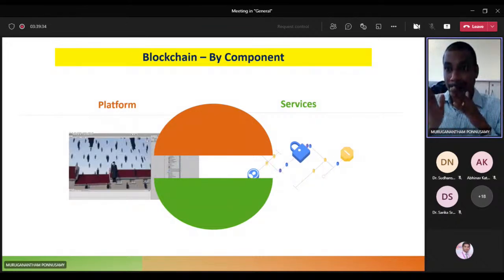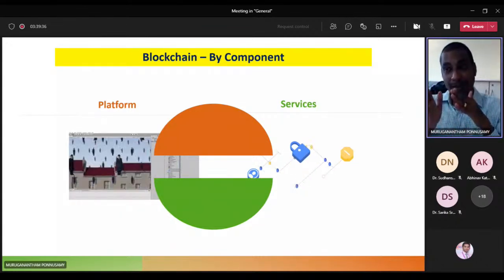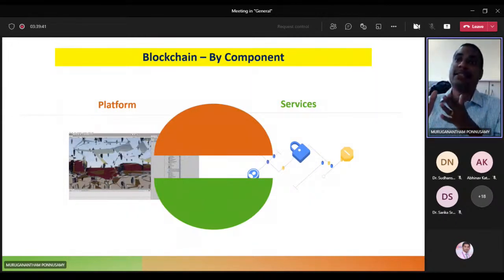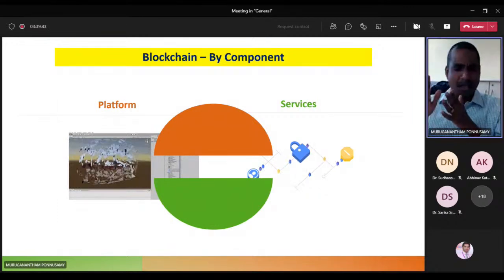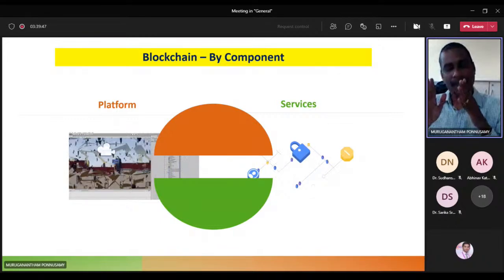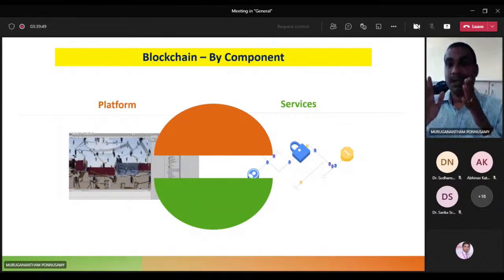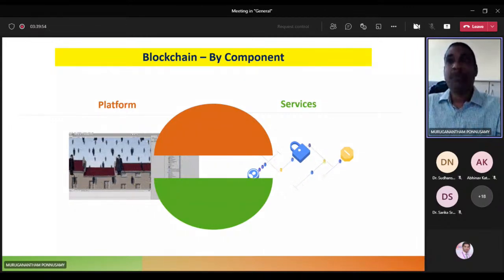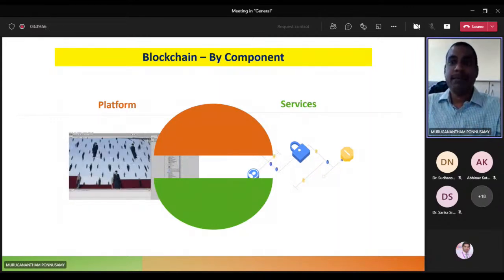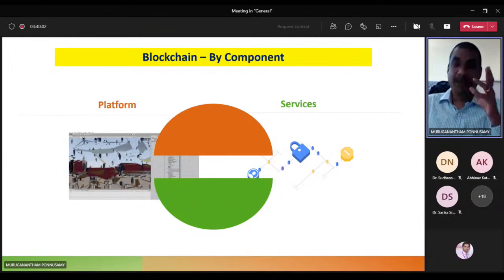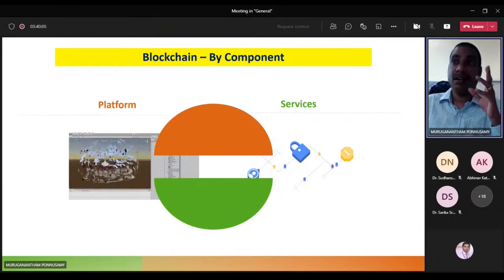BaaS includes a cloud-based service provider that manages tasks to keep the infrastructure operational and agile. So you have to choose what type of component you are going to have in your company, whether platform oriented or BaaS oriented.